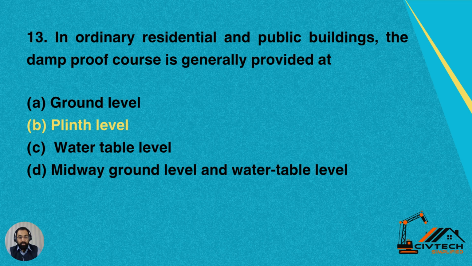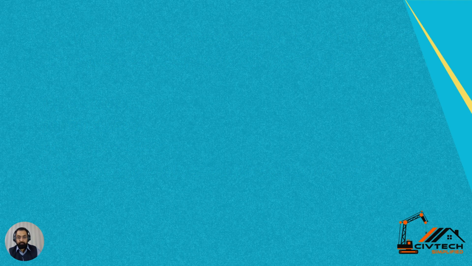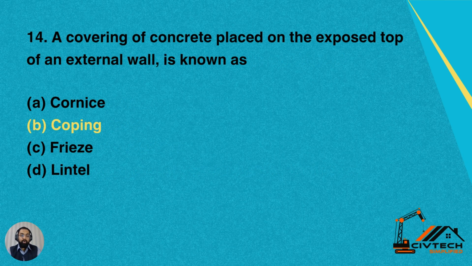So yes, generally it is provided at plinth level. Option A is ground level, B is plinth level, C is water table level, and midway ground level, option D. So yes, option B is correct. We provide DPC at plinth level in a structure just to control the dampness from rising up in the walls.